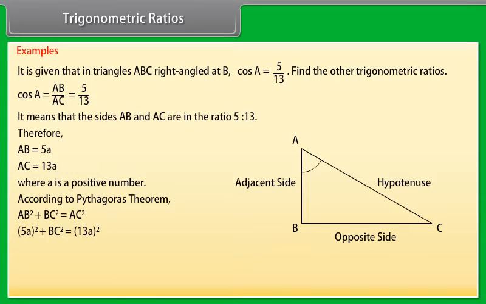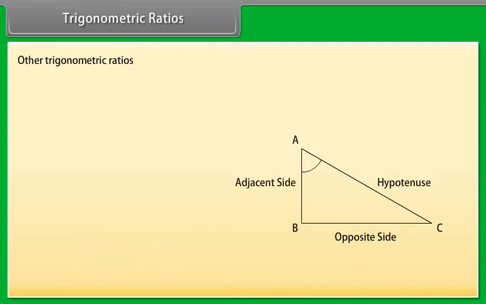According to Pythagoras theorem, AB square plus BC square is equal to AC square. By substituting the values, we get 5a square plus BC square is equal to 13a square. Now, by calculating it, we get BC as square root 144a square, which is 12a.